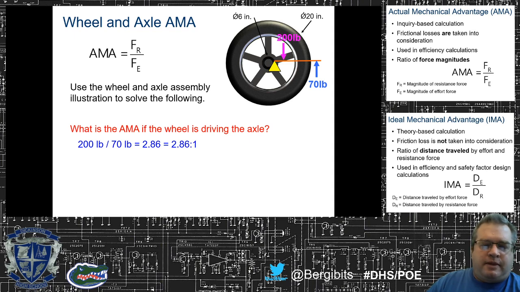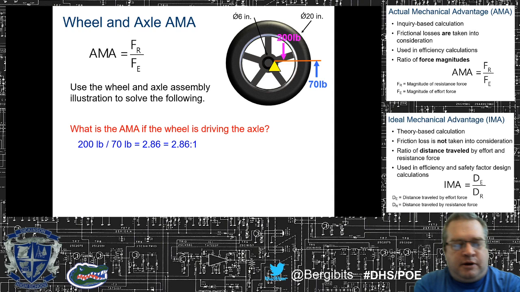So if the wheel is driving the axle, then your effort is going to be on the bottom, and your resistance is going to be on the top. Okay.